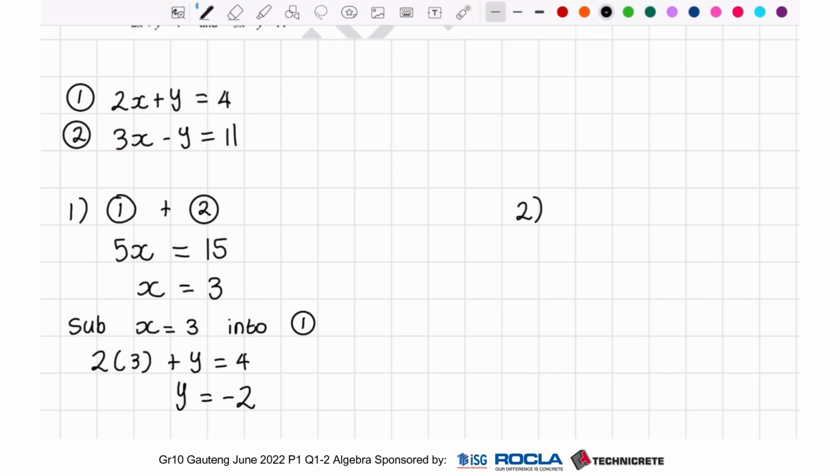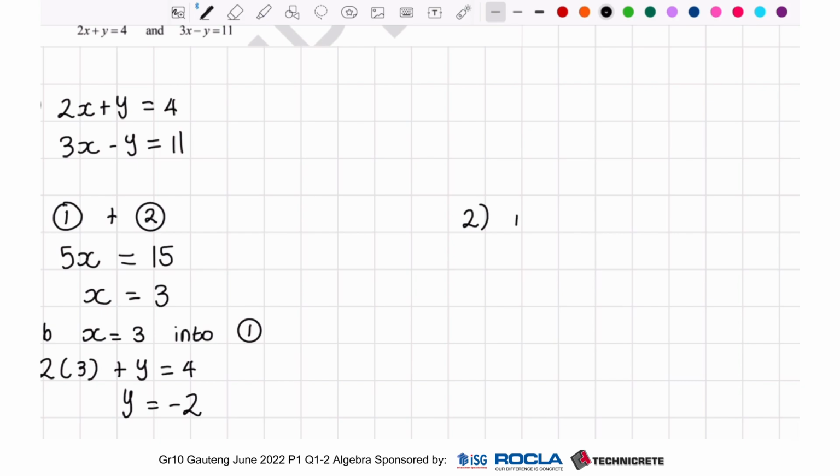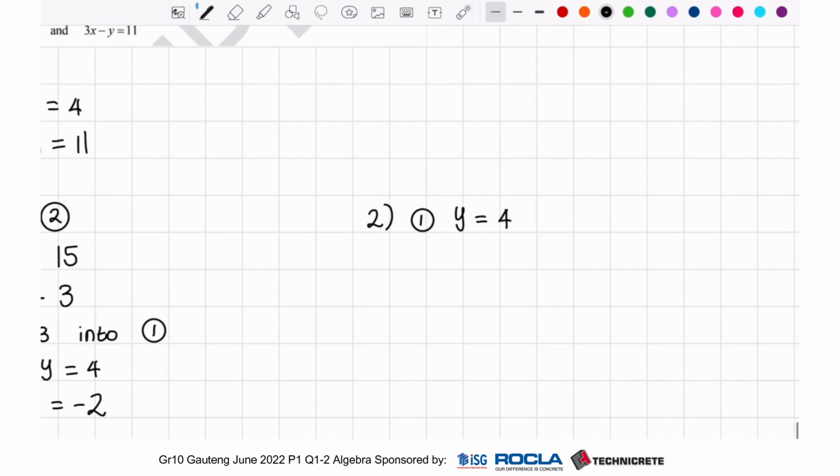So I'm going to take equation 1 and I'm going to rearrange it to be y equals something with x in it. So I had the 4, and then I'm taking the positive 2x to the other side. It becomes negative 2x. Now I've got an expression for y in terms of x, so I'm going to substitute this into equation 2 now.